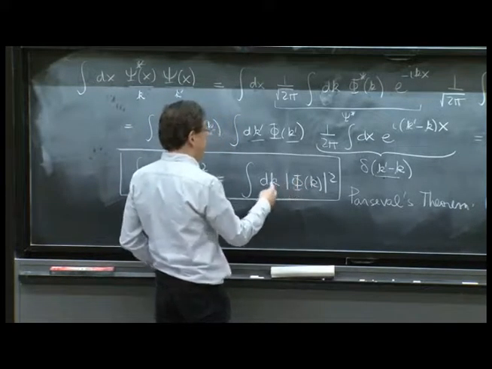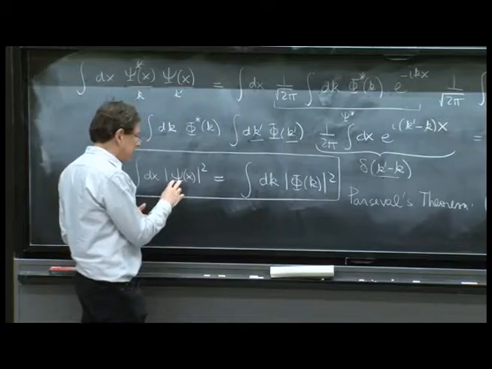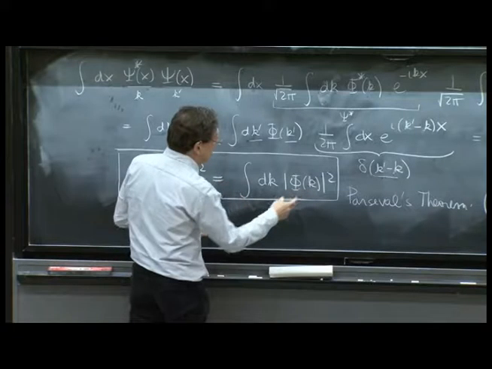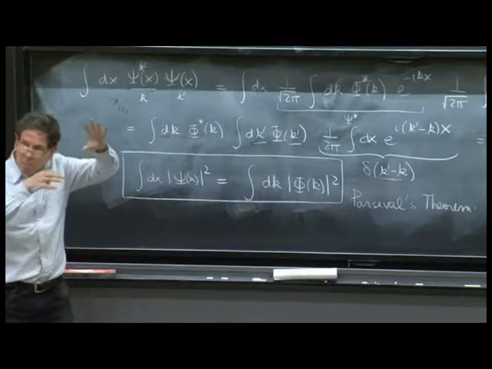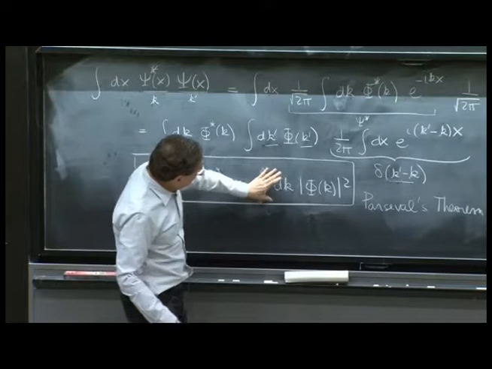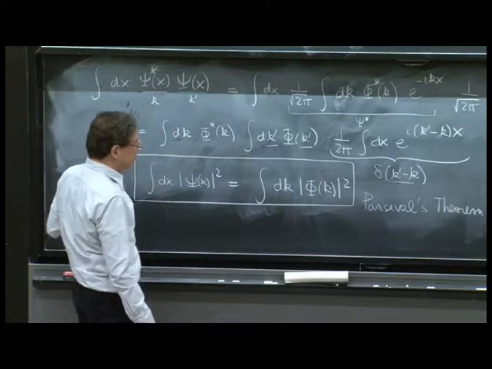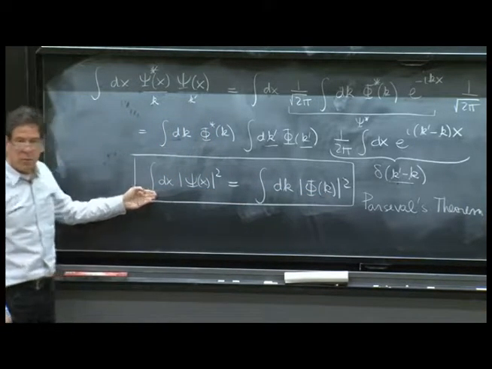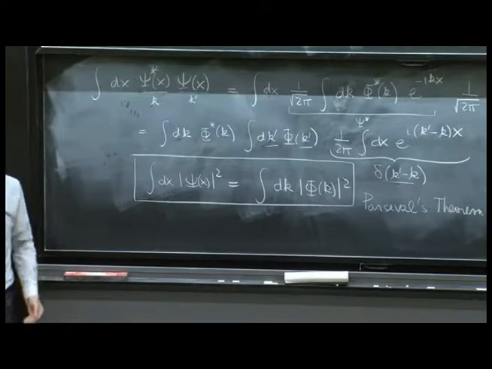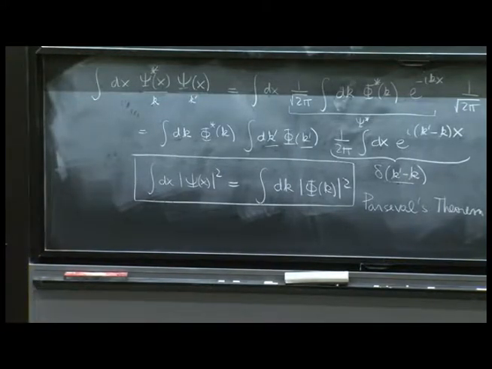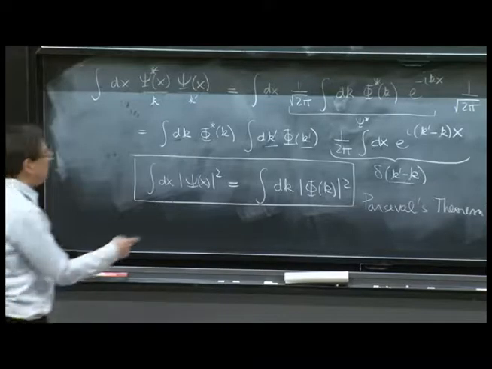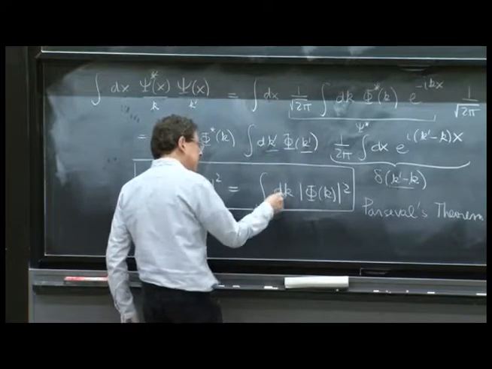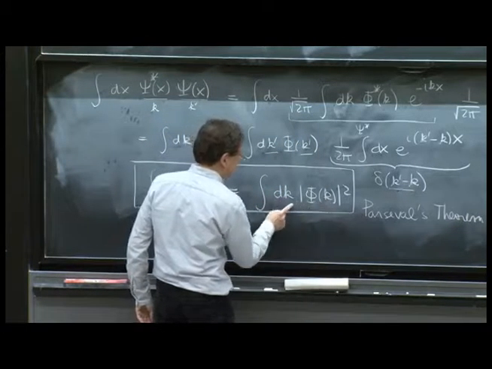Not only does phi of k represent as much physics as psi of x, and not only does it represent the weight with which you superimpose plane waves, but now it also satisfies a normalization condition that says that this integral is also equal to 1. So it's starting to lead to the idea that this phi of k could be thought of as a probability distribution in this new space, in momentum space.